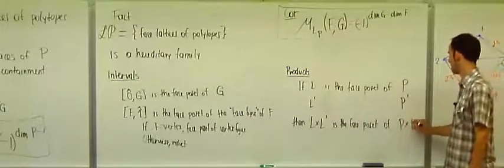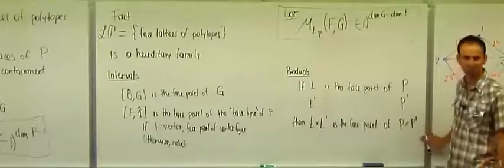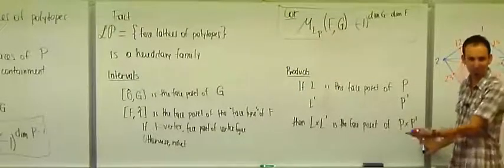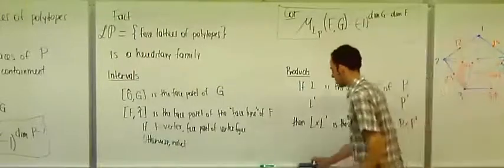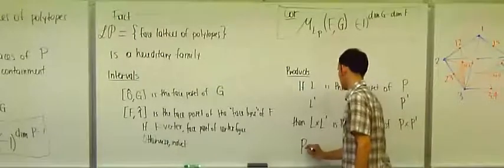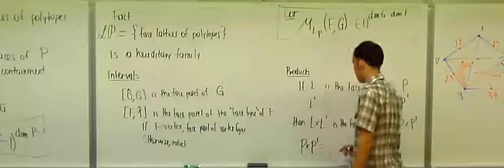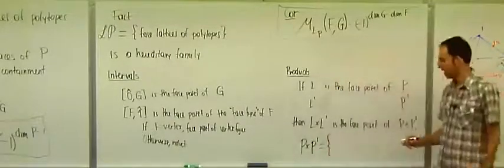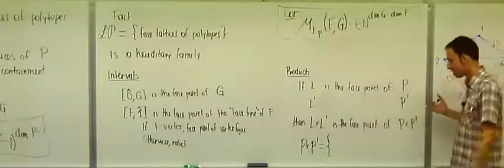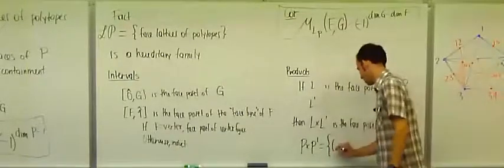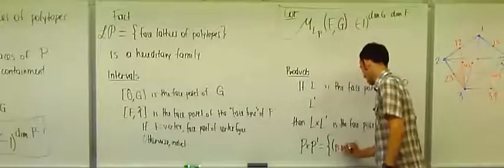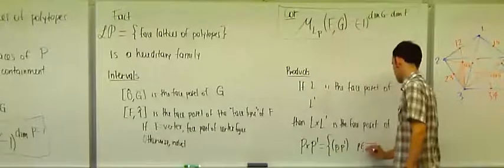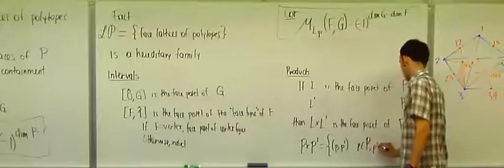And so then you look up the literature on polytopes and see, okay, is there some notion of product of polytopes? And you'll find that there is, and that this is true. What is the product of polytopes? It's actually just, if you treat them like sets, the definition is exactly the same.